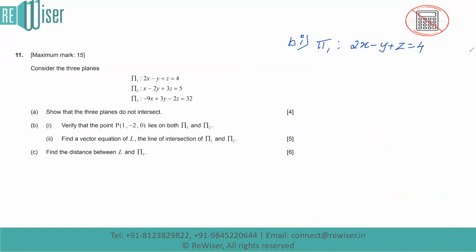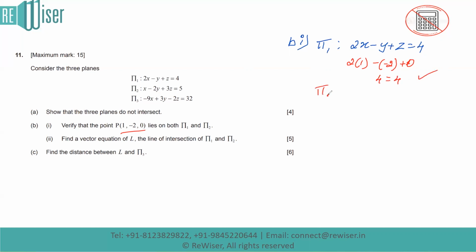If any point lies on this, that means in place of x, y, and z, you can substitute it, and both the sides must be the same. So, it's going to be 2 times 1 minus of minus 2 plus 0. And when you simplify this, you'll be getting 2 plus 2, which is 4. And 4 equals 4, so that means it lies.